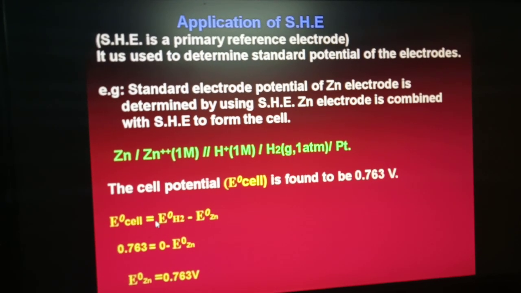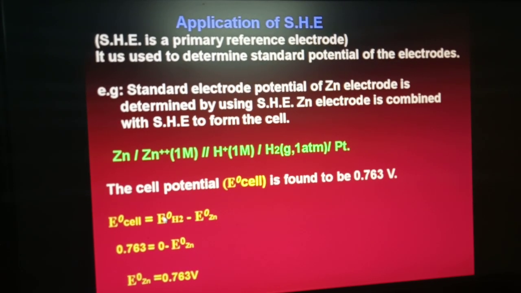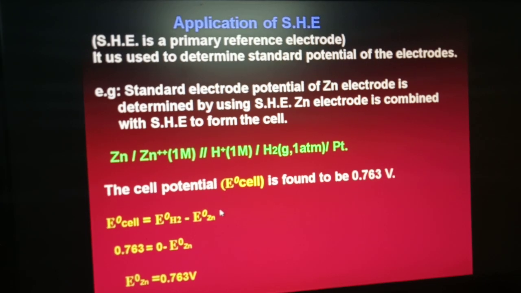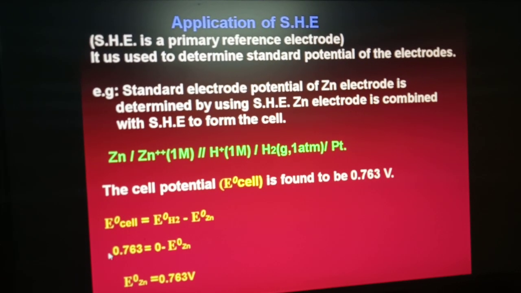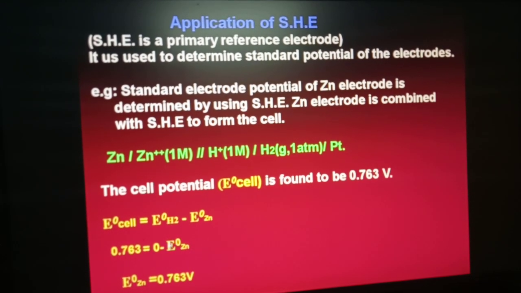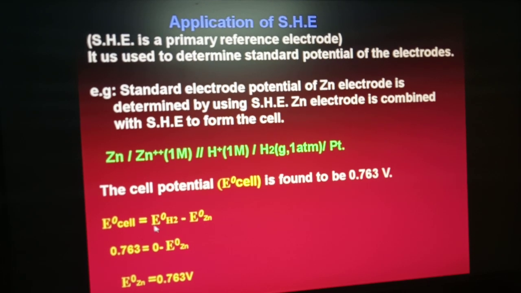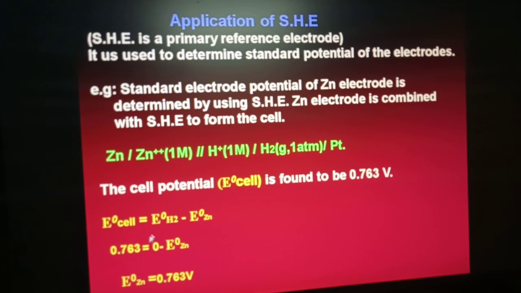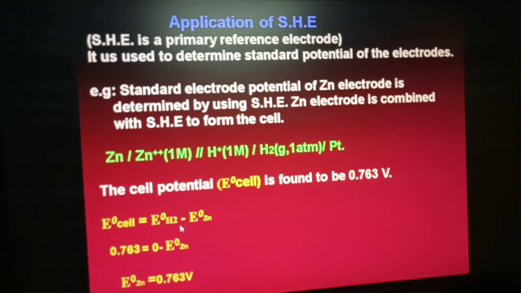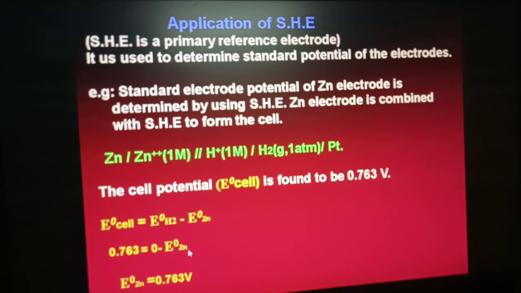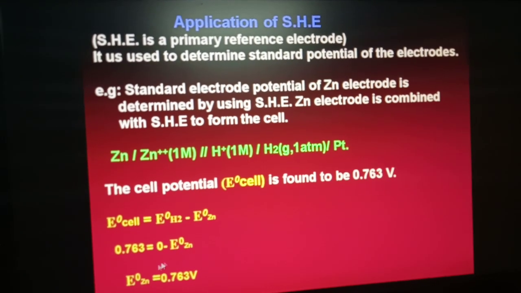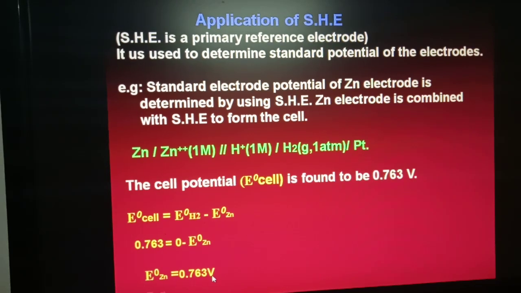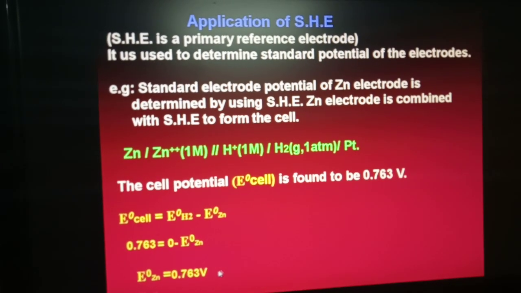So E0 cell is equal to E0H2 minus E0Zn. Therefore 0.763 is equal to, we know hydrogen electrode potential is always 0 whether it is cathode or anode. Now it is cathode over here, so it is 0 minus E0Zn. On rearranging, we get zinc electrode potential as 0.763 volt.